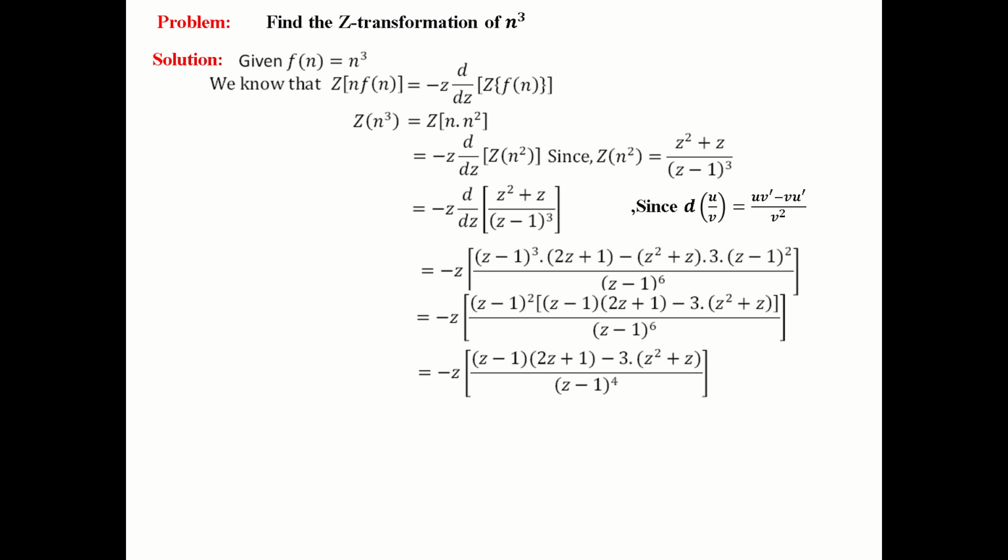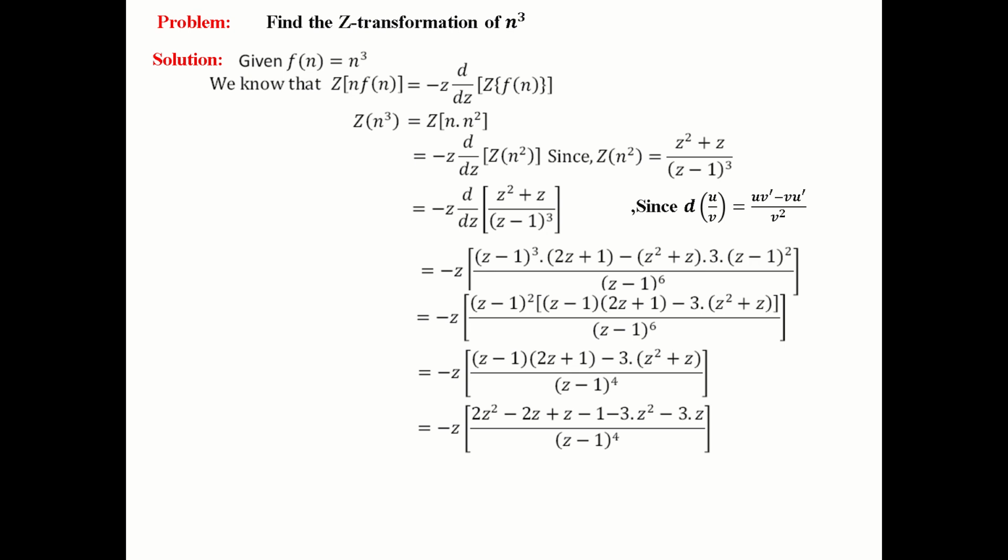And then the numerator terms: z minus 1 into 2z plus 1 minus 3 into z square plus z. Now expanding: first bracket z minus 1, second bracket 2z plus 1. First term: z into 2z is 2z square, z into 1 is plus z, minus 1 into 2z is minus 2z, minus 1 into 1 is minus 1.